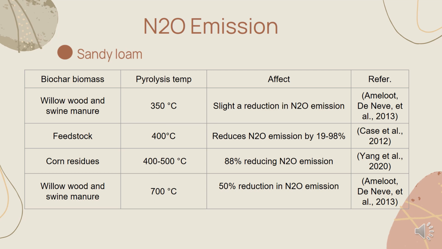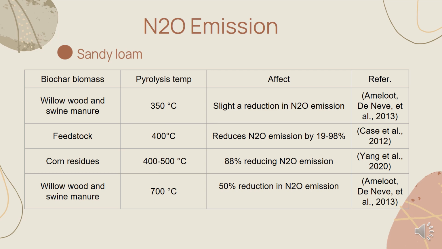The tables in the slide show a summary of some of those studies where they used different types of biomass under different pyrolysis temperatures. And we can see that in 2013 the study that used woody wood and swine manure showed a slight reduction in nitrous oxide emissions at 350 Celsius.